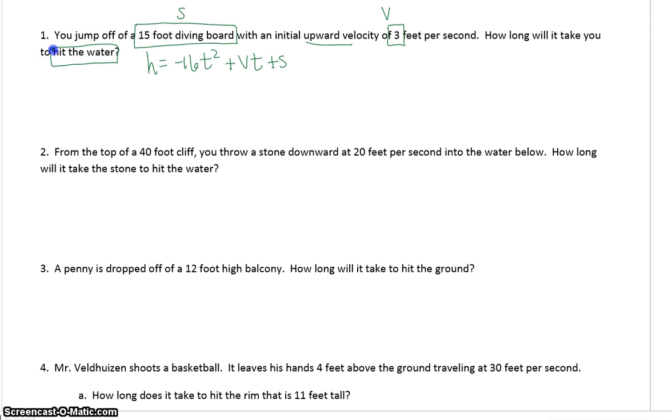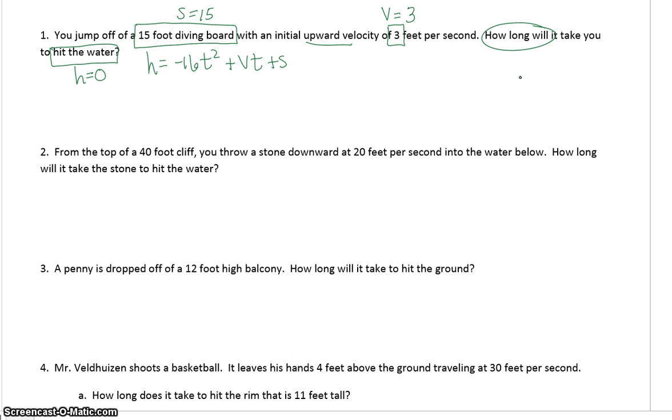Well, if you hit the water, your height from the water is going to be 0. So your ending height is going to be 0. I'm going to go ahead and put some numbers in here. And what you see is that we don't know what t is, but it's saying how long will it take you. That means that you are solving for t. You don't know the time.